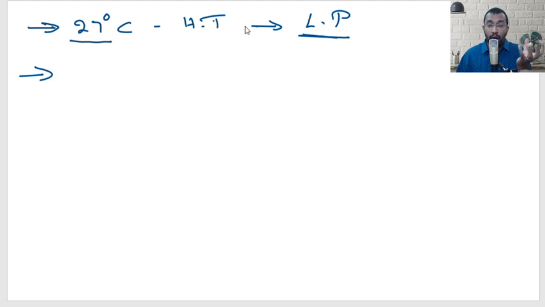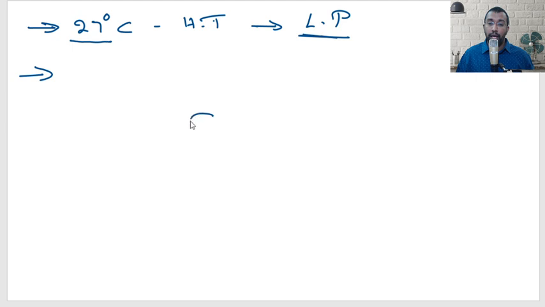And that warm and moist air is trying to converge. Why? The moment there is a low pressure, air molecules always move from a higher pressure region to a lower pressure region. A region which has a lower temperature will have a higher pressure. A region which has a higher temperature has a lower pressure.